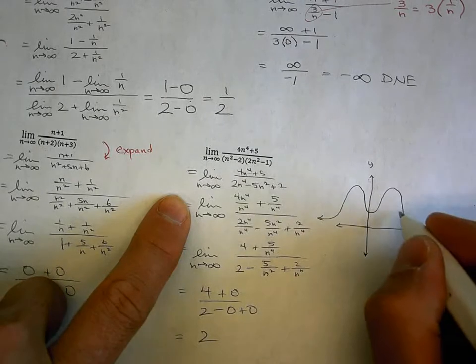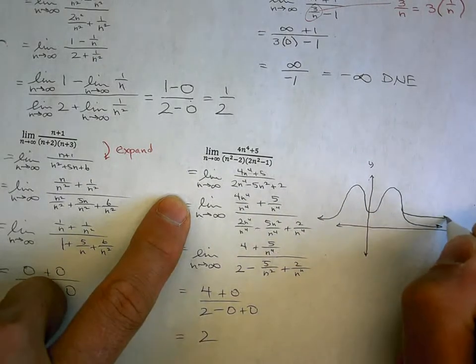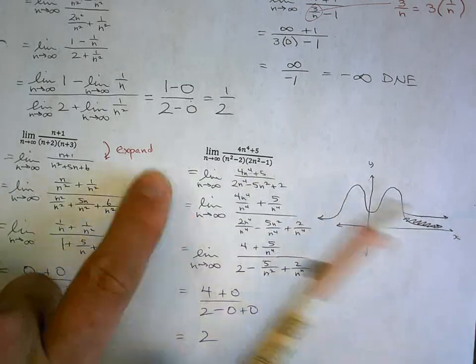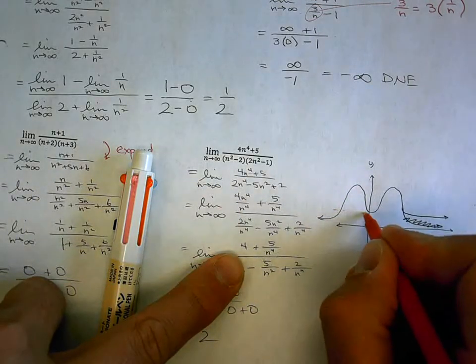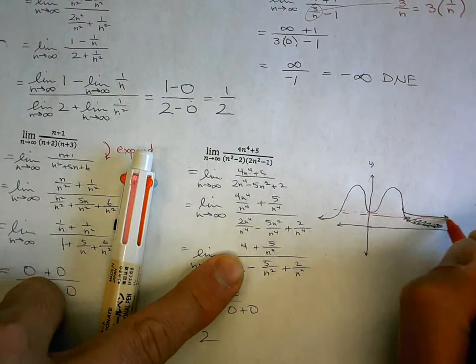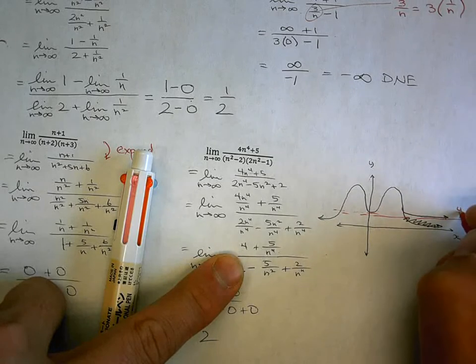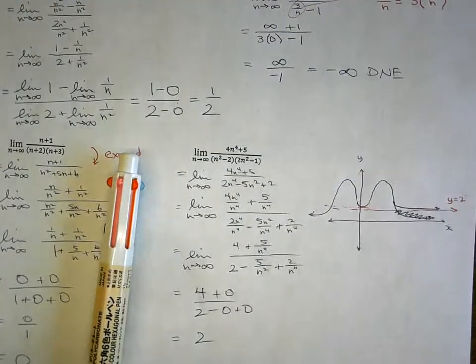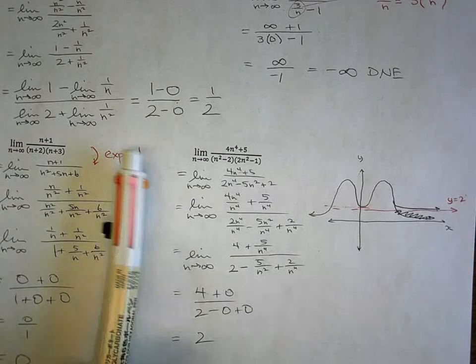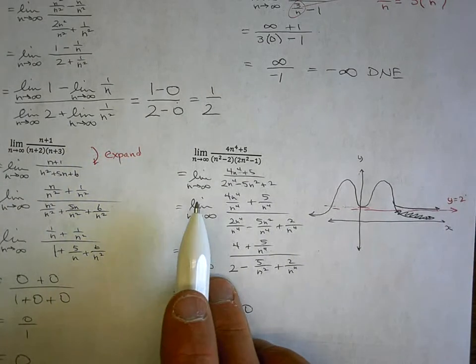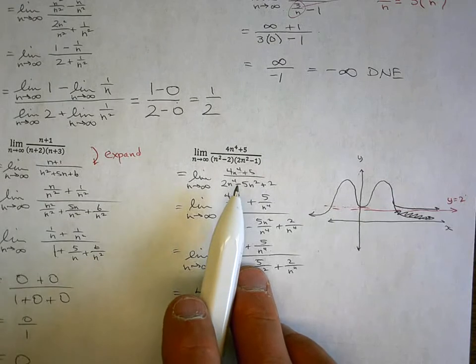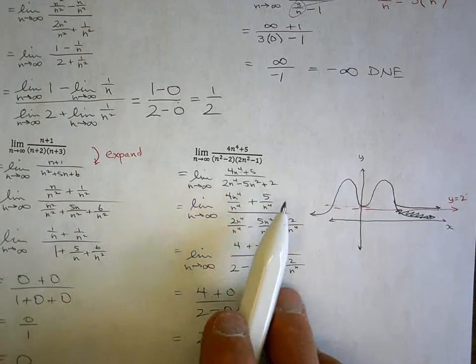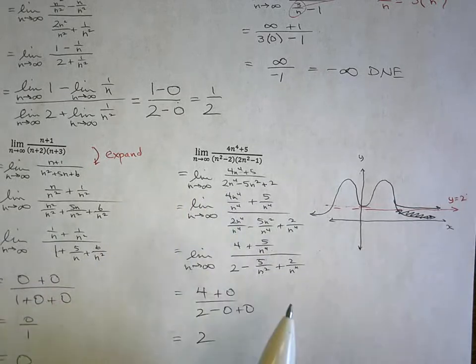Sorry, it should approach 2, not 0. And so that's kind of a measure of the horizontal asymptote. It's all kind of related. The important thing is that you can find limits as n approaches infinity, and you do that using my strategy where you divide the top and bottom by the highest degree of the variable in the denominator.